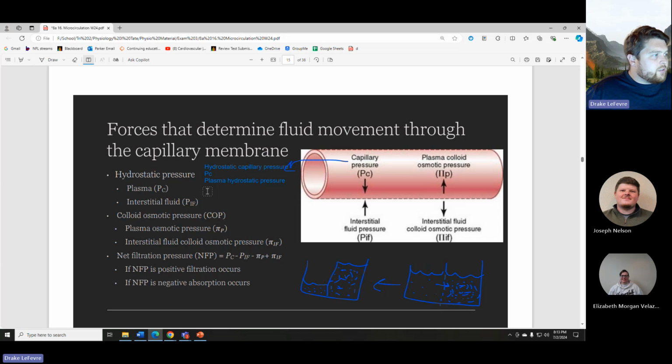With the interstitial fluid, you can call it the interstitial fluid pressure. You can call it the PIF. You can call it the interstitial hydrostatic pressure.